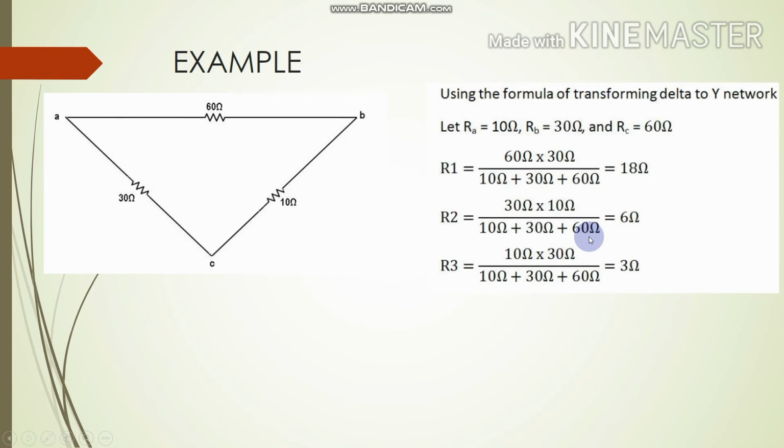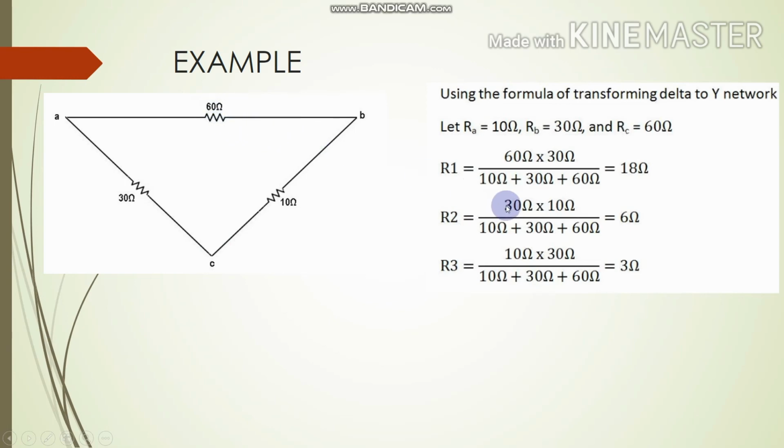This is an example of the calculation. If we want to transform a delta to a Y network, this is the delta network. Let RA be 10 ohm, RB 30 ohm, and RC 60 ohm.